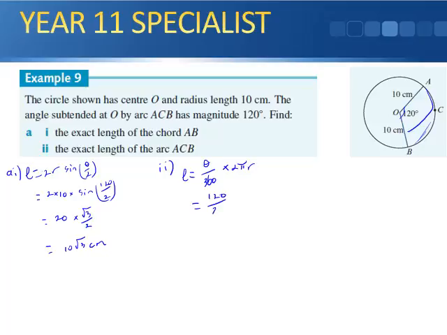So I've got 120 divided by 360 times 2 times pi times 10. Now this simplifies. That goes once, that goes 3 times, and 2 times 10 is 20, so I've got 20 pi on 3. And this is centimeters. Again, I won't write it in words.